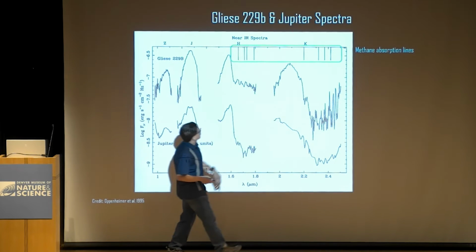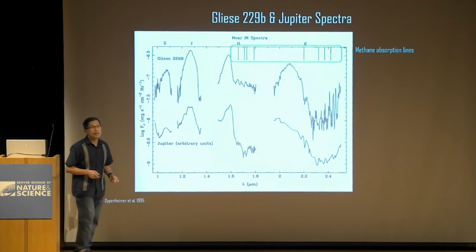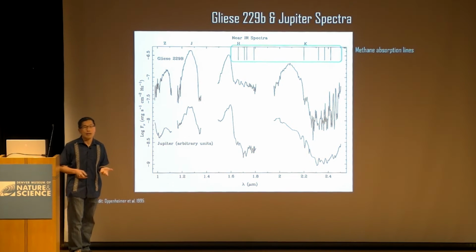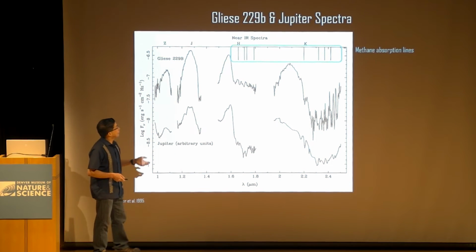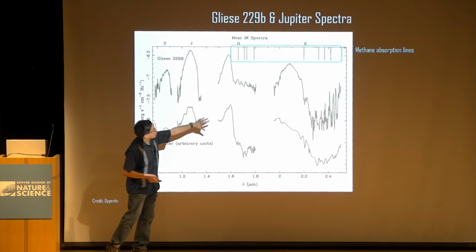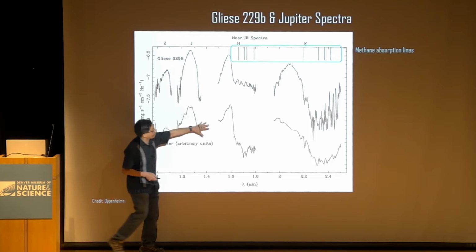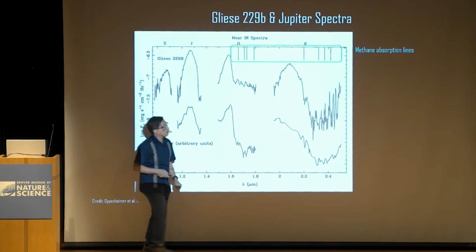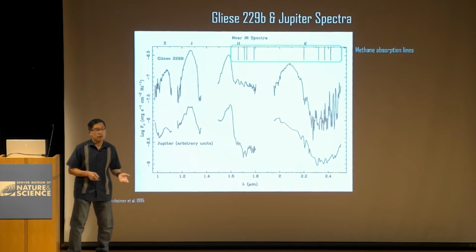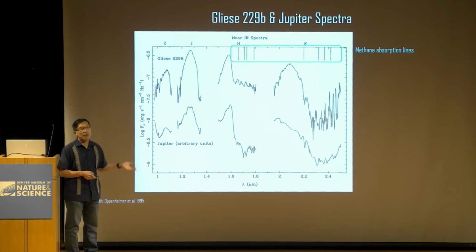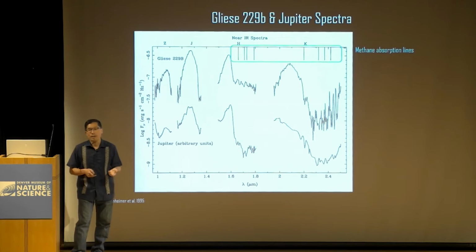The dips are identified by those vertical lines, and those are associated with methane. It turns out that these particular features are similar to what you'd find for Jupiter. The second set of lines down here are the spectra for Jupiter, and Jupiter also has very similar absorption features at those same wavelengths associated with methane.